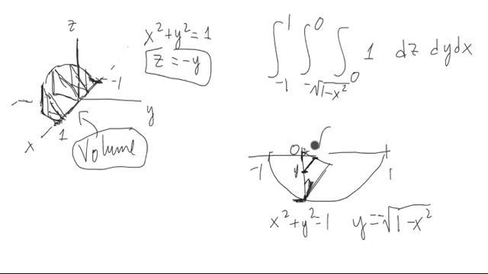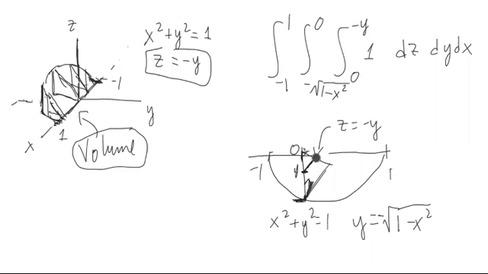Now, how is this line described? Well, we gave it before. It's in this plane, and in this plane, the z and y values are related by the equation z is equal to negative y. So z is going to be equal to negative y right here. So z goes from 0 up to negative y. Keep in mind that y is actually negative itself, so a double negative would be positive.